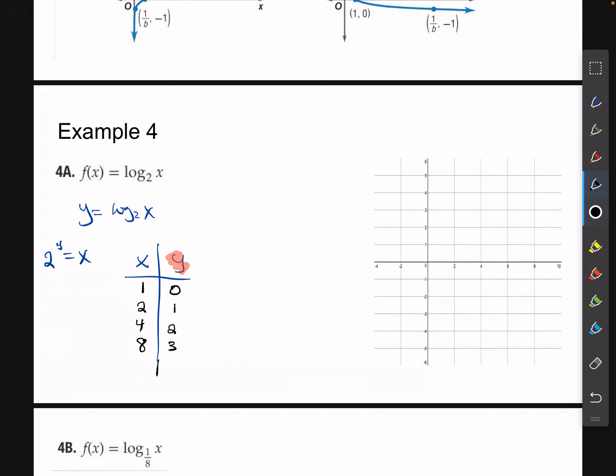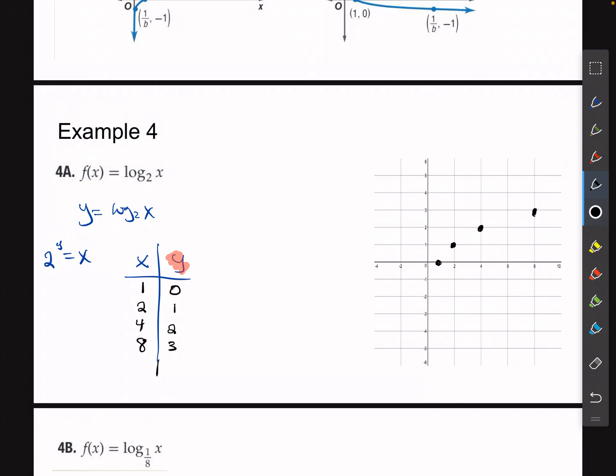Let's just get these in. At 1 comma 0 we have this point. At 2 comma 1 we have this point. At 4 comma 2 we have a point, and at 8 comma 3 we have a point.